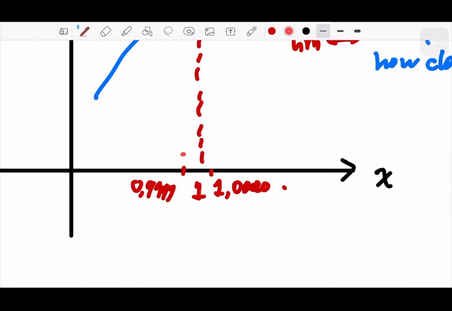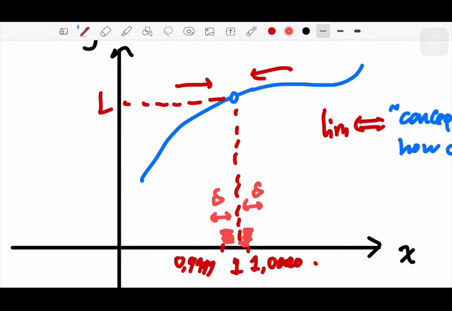a small distance here. Let me just draw here. There is a small distance that we say will be a delta. Because of this delta, you will have a plus delta and a minus delta on the left, right? And because of this delta, it will also give you a difference in L as well.